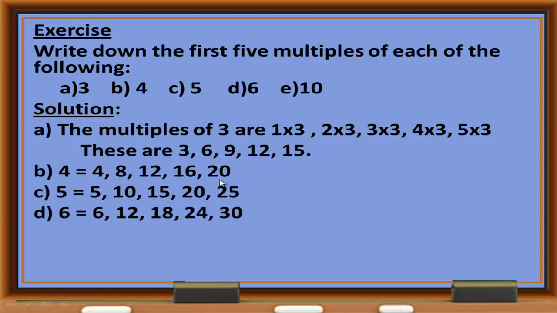D. The first 5 multiples of 6 are 6, 12, 18, 24, 30. E. The first 5 multiples of 10 are 10, 20, 30, 40, 50. I hope the explanation is clear for you.